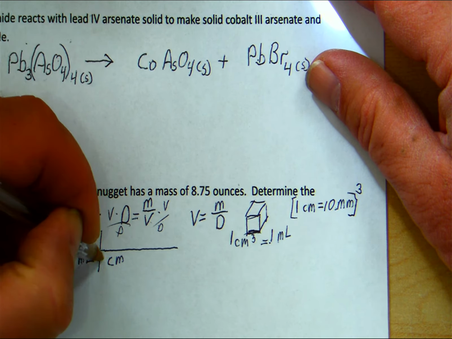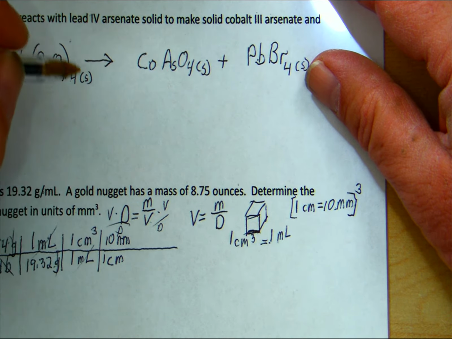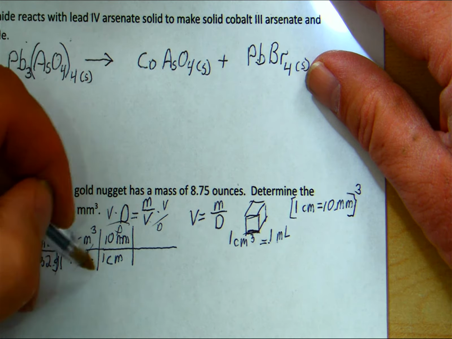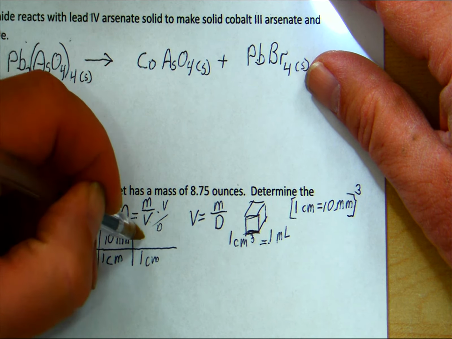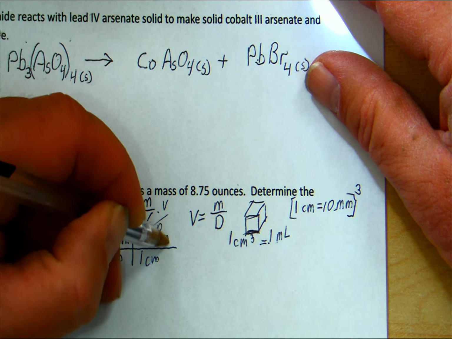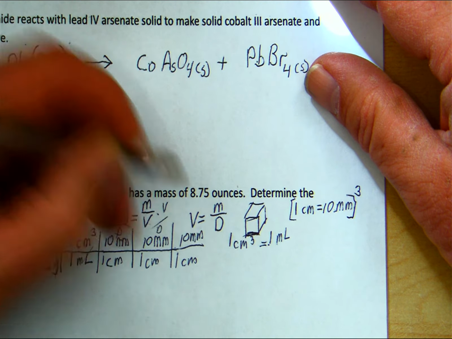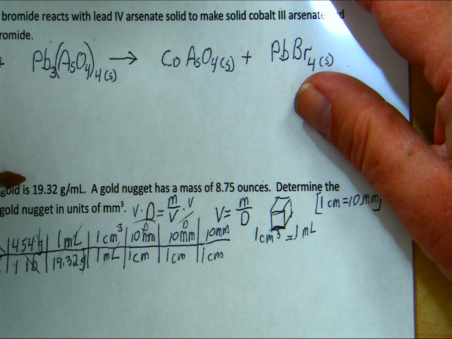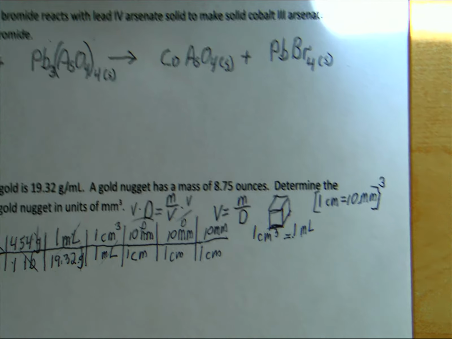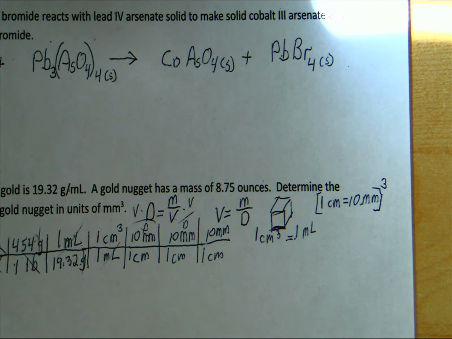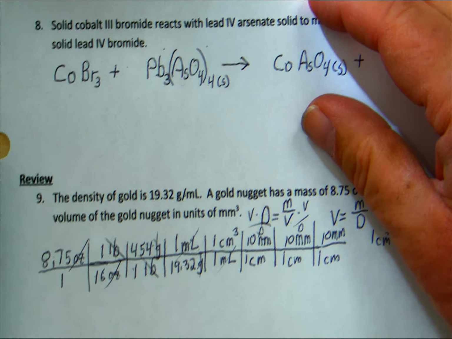For every centimeter, I have a length of 10 millimeters. This will take care of, let's say, the length of it. This will take care of the width of it. This will take care of the height of it. And now you're ready to power up your calculator and determine the answer.